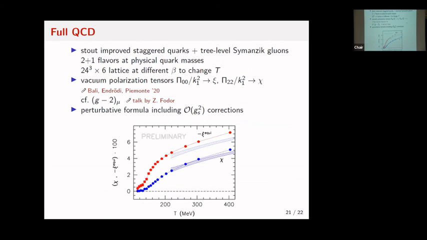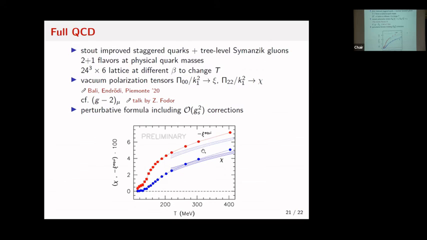And just a tiny detail, these quantities that we measure here are actually exactly the same that Zoltan was talking about yesterday in the g-2 talk. Just we have to evaluate them at finite temperature. They are the same vacuum polarization type of diagrams. So it's an interesting observation that this is actually the same object, but at finite temperature.